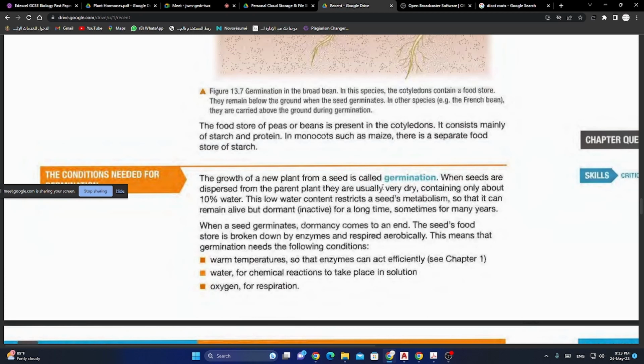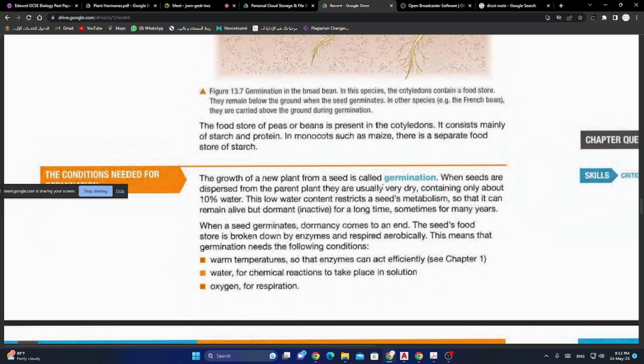Okay, so when the seeds are dispersed from the plant, they're usually very dry, containing only 10% water. So what actually starts germination are three main things. First, you have warm temperatures so that enzymes can act efficiently.